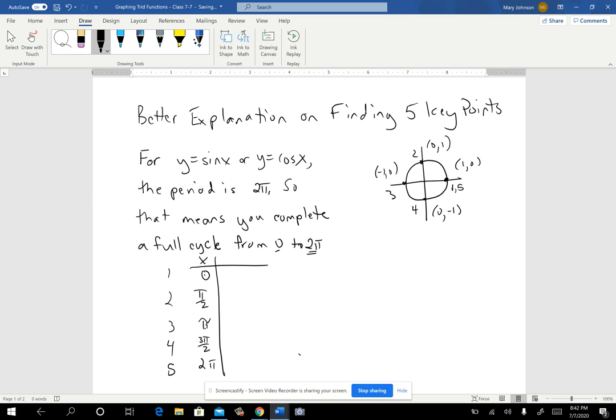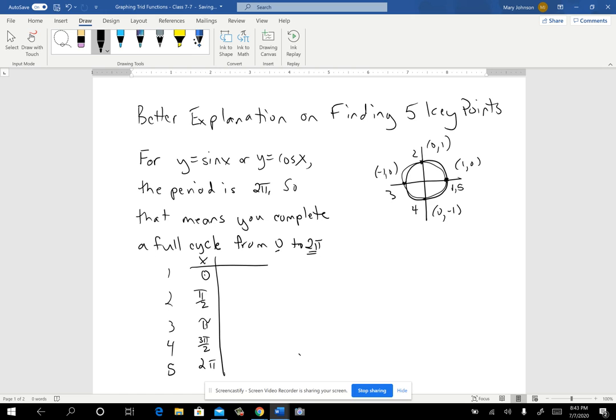So even the language, like when I'm thinking about how these graphs are periodic, how you have a chunk of the graph that just keeps getting copied and pasted both to the right and to the left, that chunk that keeps getting repeated over and over again happens in one full cycle. One revolution around the unit circle is one way to think about it, okay?